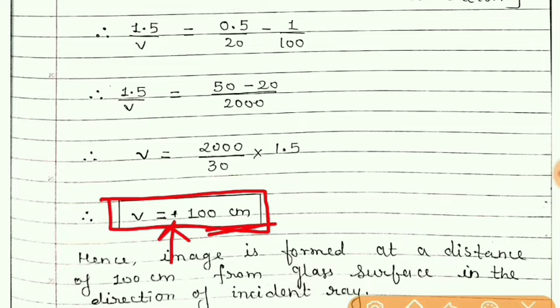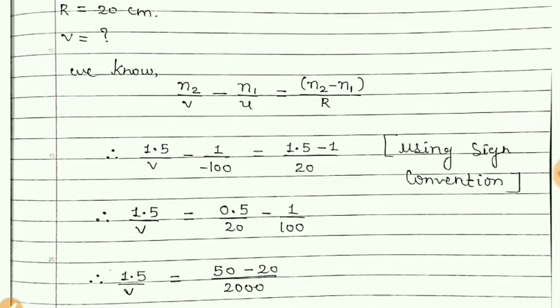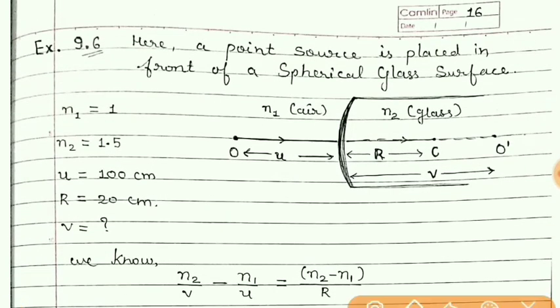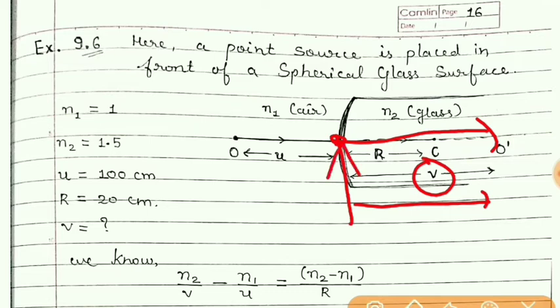This positive sign indicates that the image is formed towards the right side. It is towards this side. So the image is formed at 100 centimeter from this point. If the value obtained for v is negative, then definitely it is towards this side.